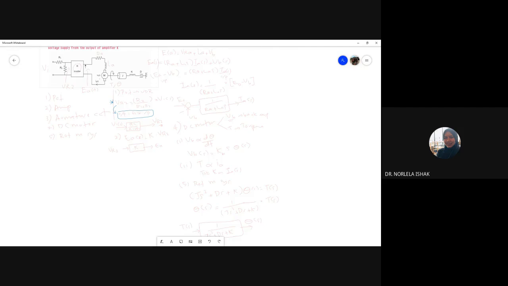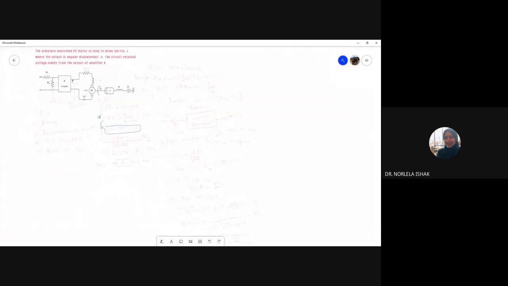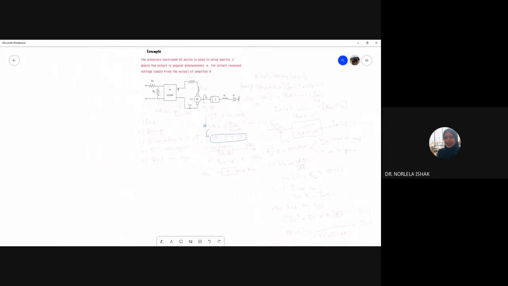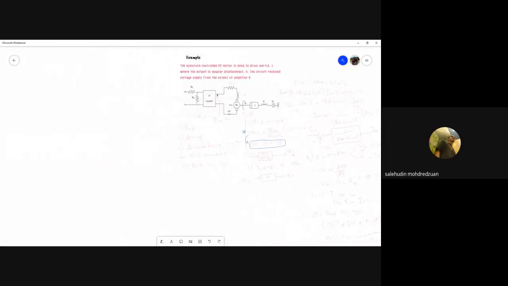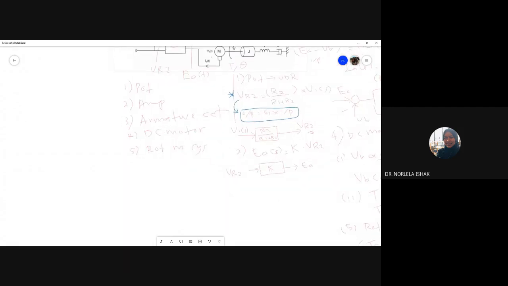So how do we make the block diagram? How to define the block diagram? Which one do we start with? We start with the potentiometer. Where is our potentiometer from before?